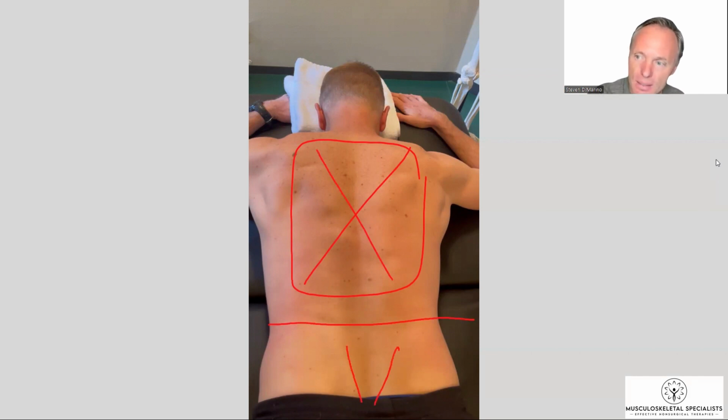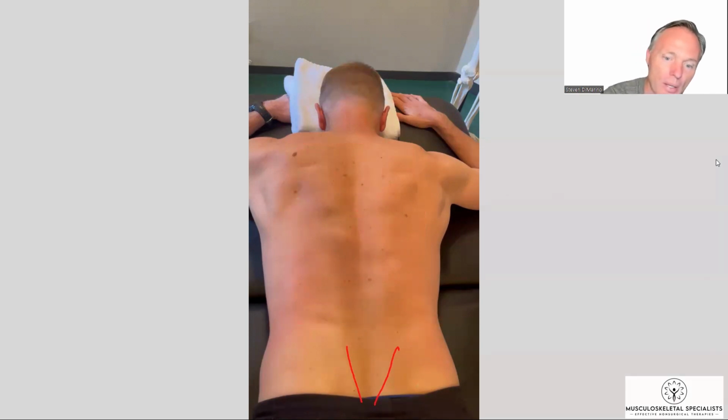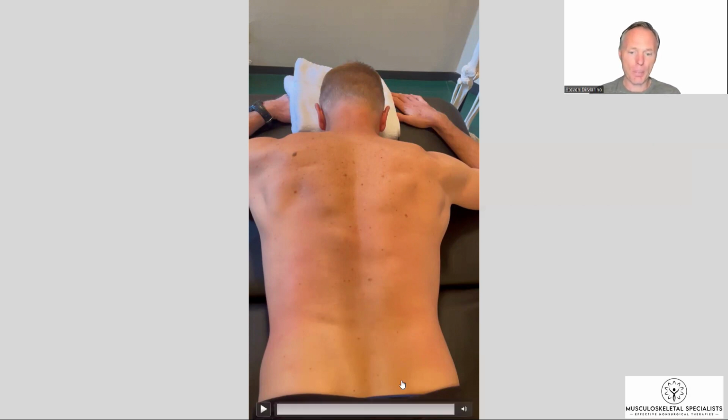This guy is suffering and he just needs exercises. You're not going to fix this with manual therapy. You can't rub this out and make it better. It's not going to work. He needs neurological repatterning of his stability system, and that's what we're going to talk about in class.